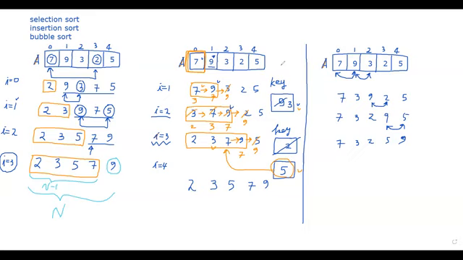Yes, Rune, yes. So in this process, usually this is called one round. One round means we use a loop, and by using a loop we compare every neighbor pair.